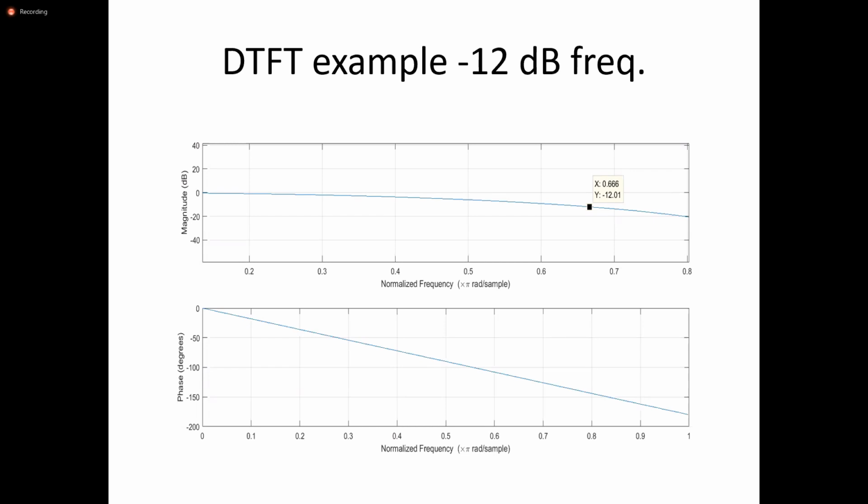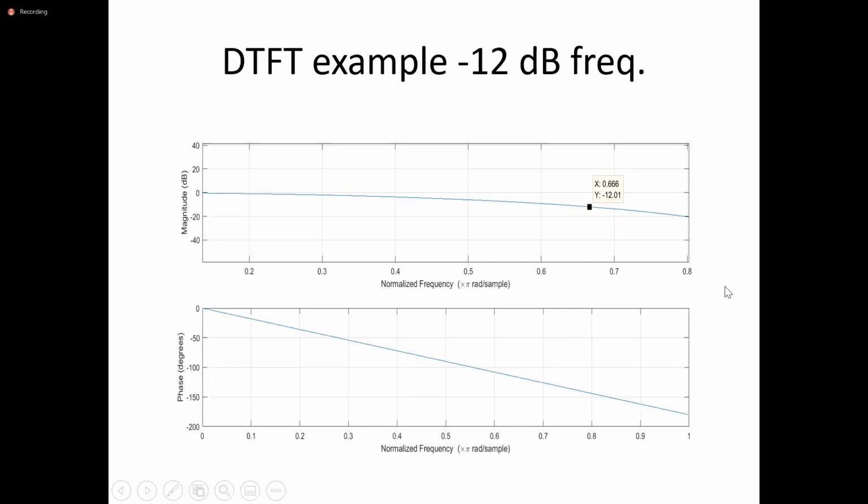So all your frequencies are going to be normalized, right? And we've already encountered what normalization means in terms of amplitude. Here now we're dealing with normalization in terms of frequency.